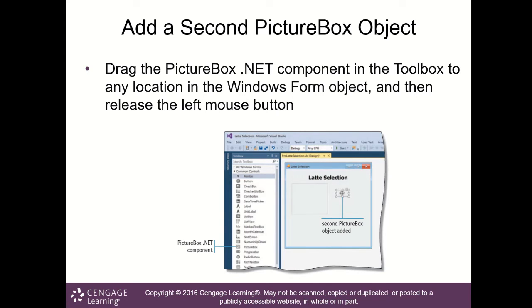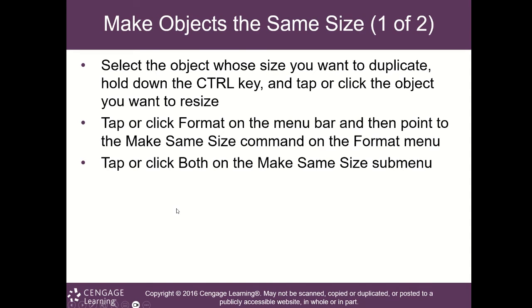So we do the same thing as the first picture box. Now you have to make the picture boxes the same size. You need to make sure the sizes are the same from the properties window. If they are not the same, then you have to simply type it there. Okay.